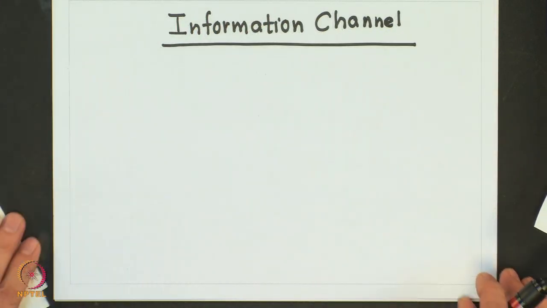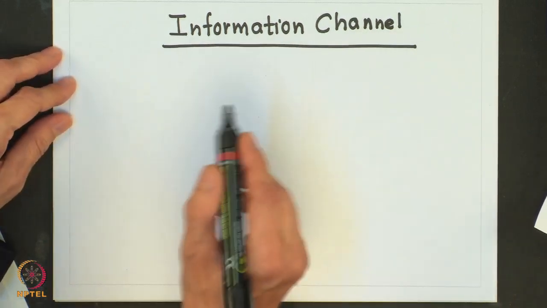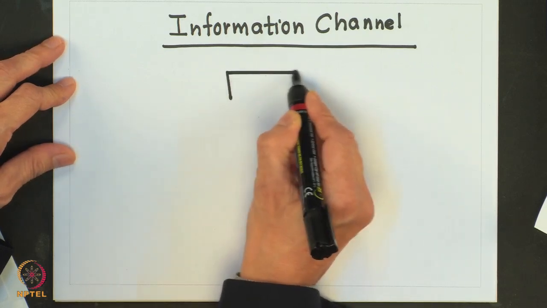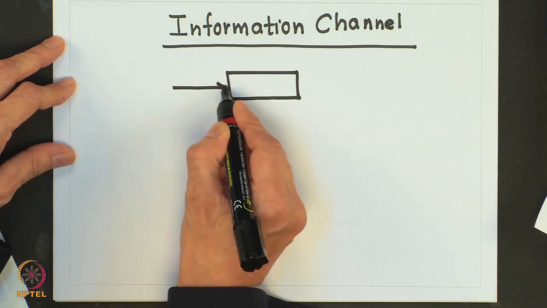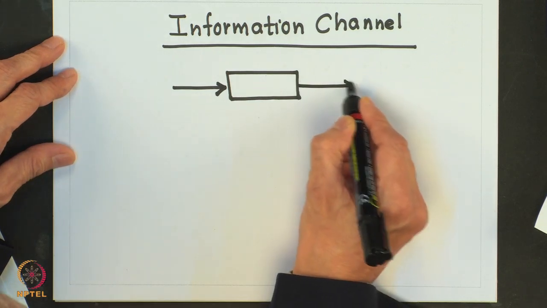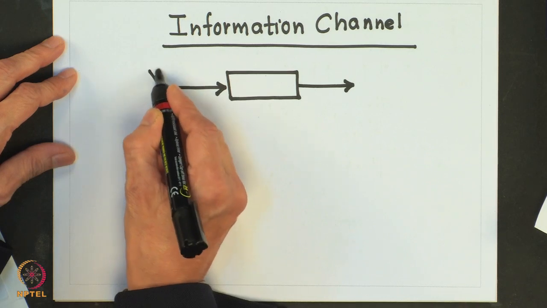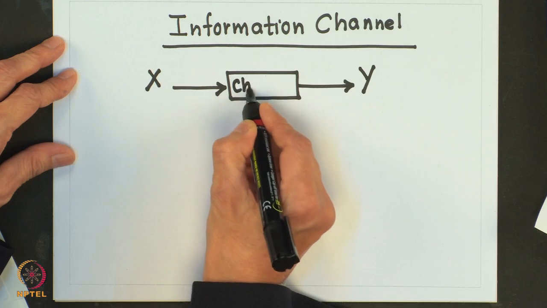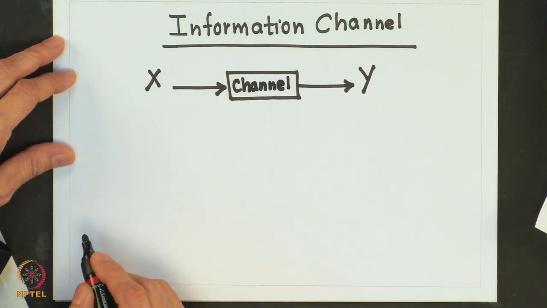So, the formal way to define it would be that an information channel or communication channel has an input and an output. Let me call this input x and output y, and this is my communication channel.